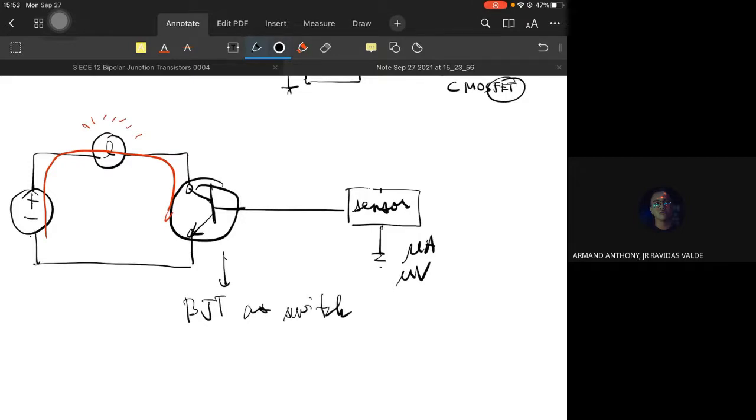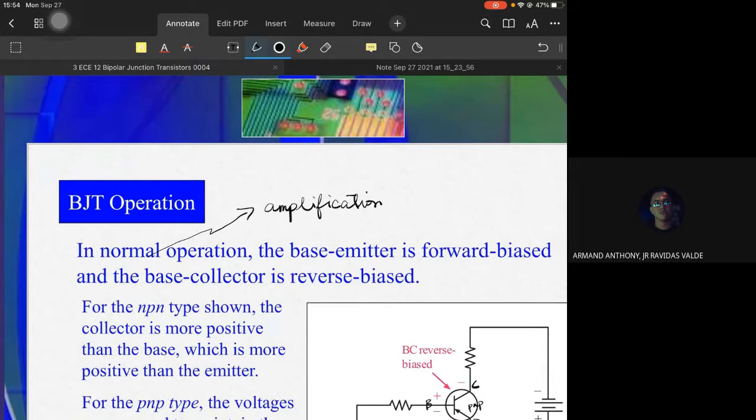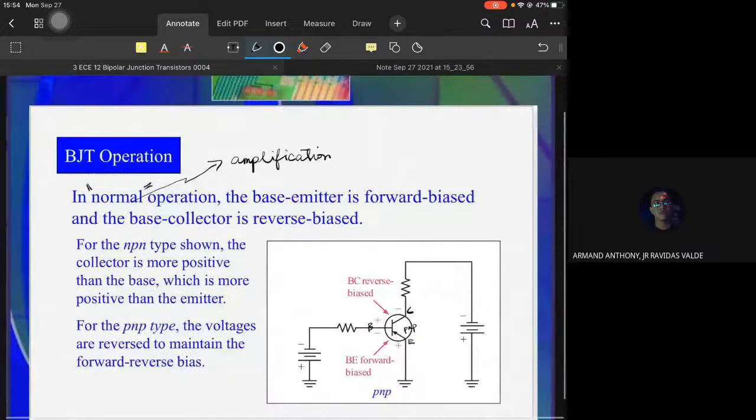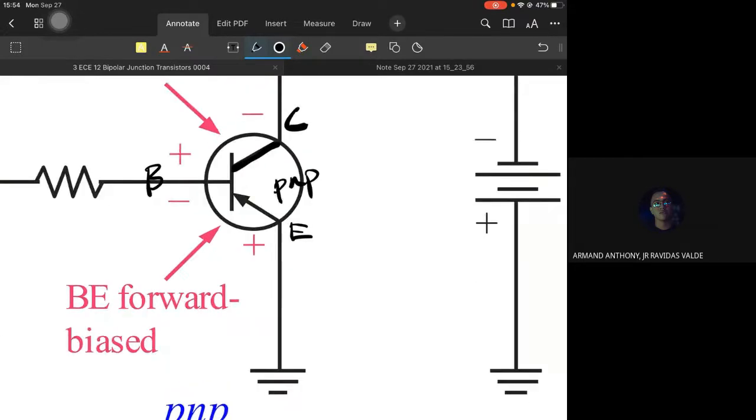Lahi nga rules sa pag-operate kay BJT as switch. But to operate the BJT as an amplifier, which is its normal operation, the base emitter should be forward biased and the base collector is reverse biased.